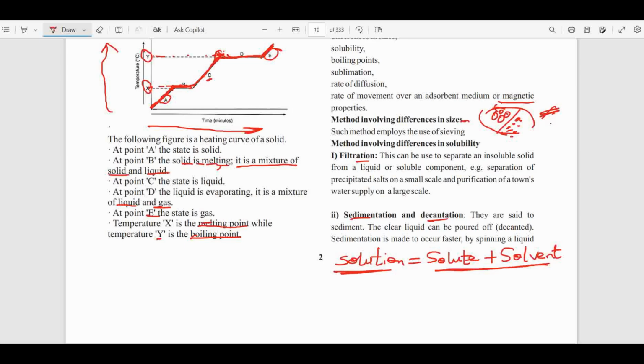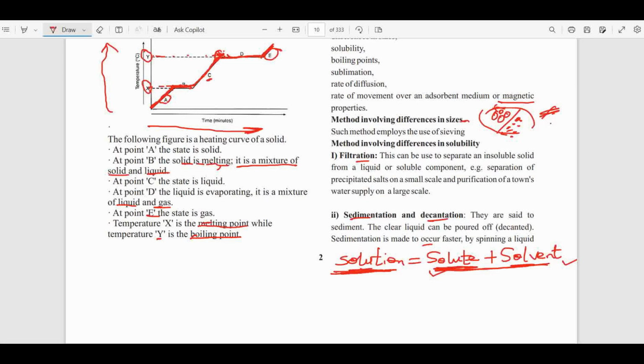In mixtures, this is a physical reaction. The formation of this solution is a physical reaction. Then you can still separate the constituents. You may want to take out your solvent or take out your solute from this combination that has formed the solution.